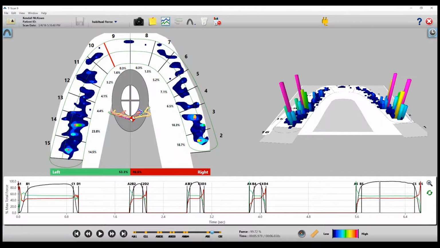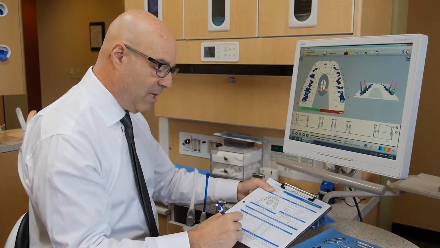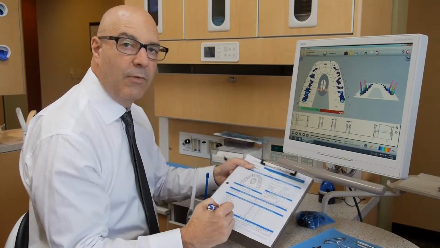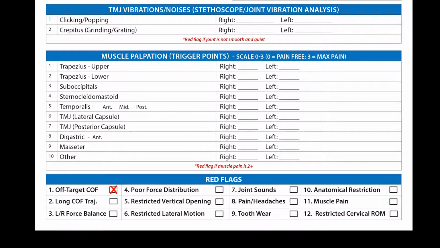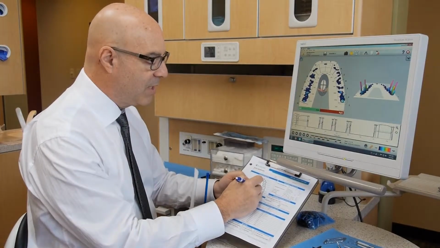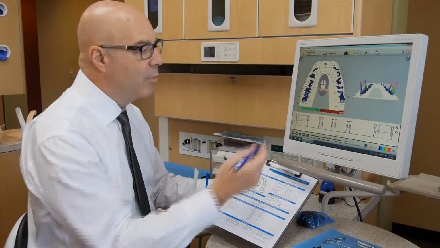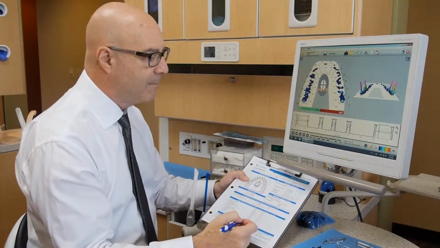So we're going to classify these as off target forces, and we will then check off the red flag down at the bottom of our dental force analysis for off target kite tails. We usually also visually draw this center of force kite tail pattern on the form so that we have a visual representation of what we have on the computer screen.